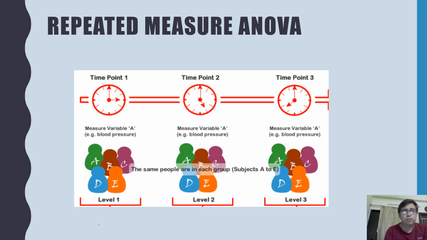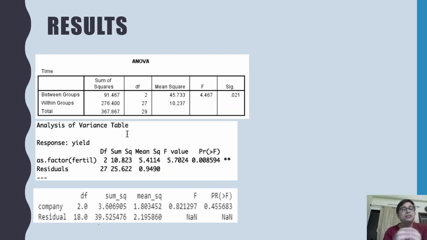Now let's look at the results that different tools produce. This comes from SPSS, this comes from R, and this comes from Python. Three things I will bring your attention to. One is your degree of freedom, another is your F score, and another is your significance testing. When you do hypothesis testing, for the significance testing you need a probability distribution.